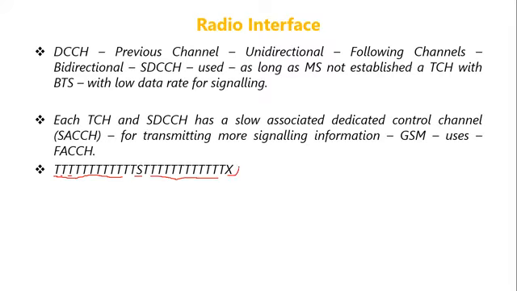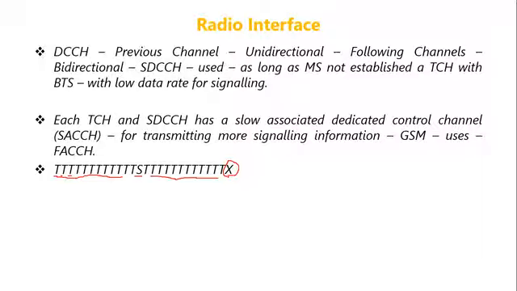This X, or cross, represents the unused slot. This pattern will continue: 12 slots of user data followed by signaling data, and again 12 slots of user data followed by an unused slot.